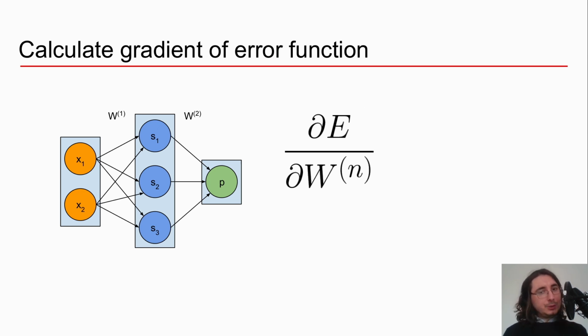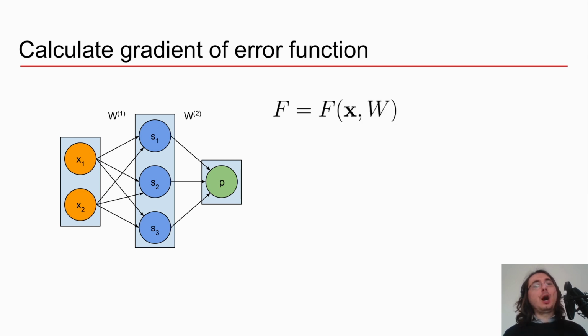Cool. So, but how do we do that? Well, first we should think of a neural network as a very complex function, which is dependent on two variables. So the x's, which are like this input vector here, x, so the inputs, and w, so all the weights.